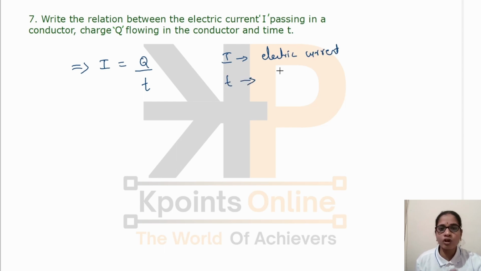T is the time for which the charge Q flows. Q is the charge. This is the relation between electric current I, charge Q and the time T.